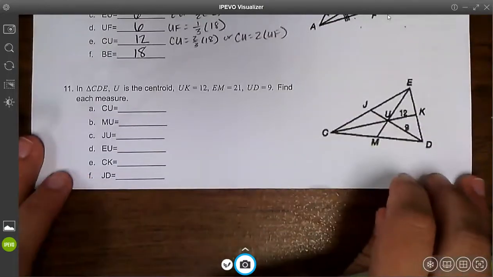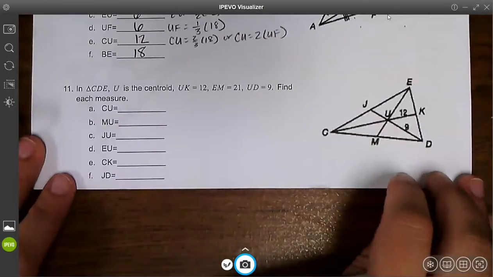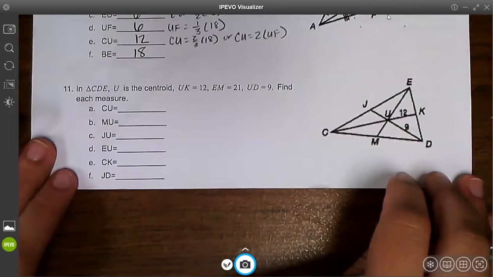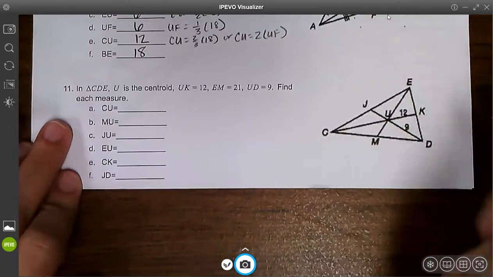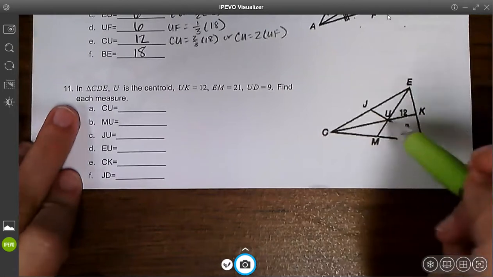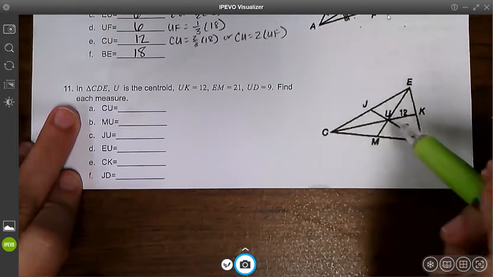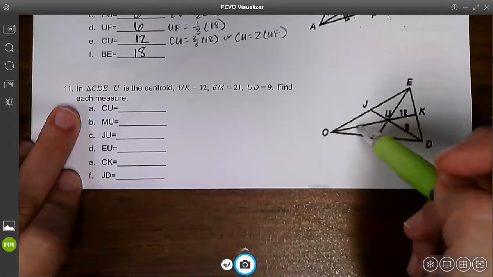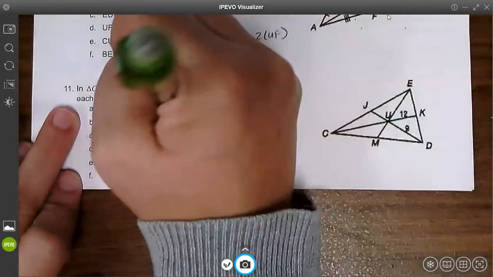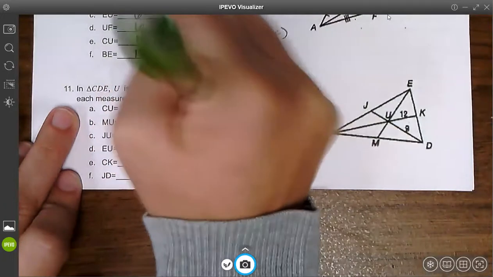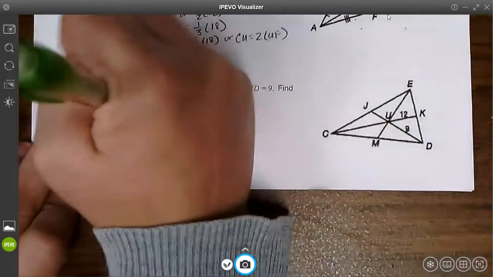The next one, CDE, U is the centroid, UK is 12, EM is 21, and UD is 9 on each measure. All right, so CU, if UK is 12, CU is the bigger portion, so it's going to be twice that UK because this is 2/3, this is 1/3. So CU is going to be twice that 12, which is 24.